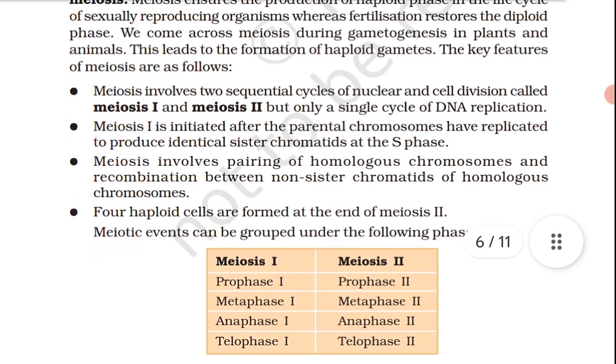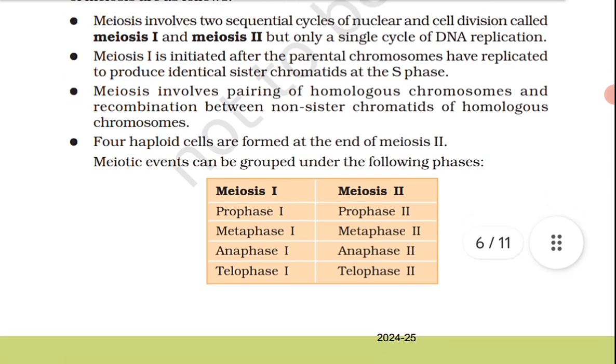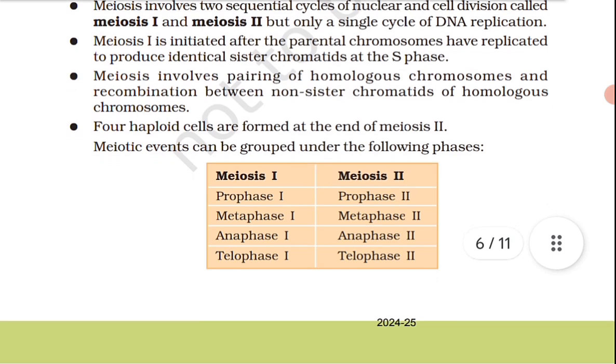of the homologous chromosomes. Crossing over occurs between non-sister chromatids of the homologous chromosome. Crossing over is the exchange of genetic material between two homologous chromosomes.